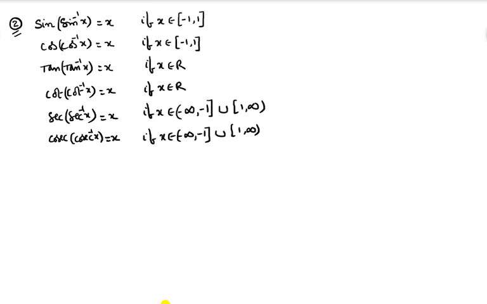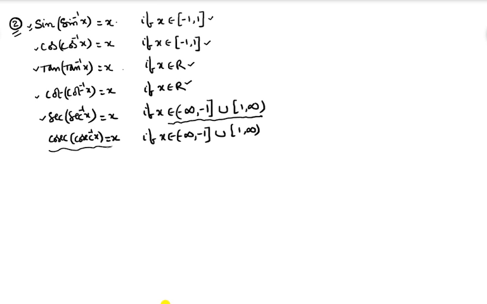Similarly, this is the second property: sin of sin inverse x is equal to x when x belongs to the closed interval minus 1 comma 1. Cos of cos inverse x is equal to x if x belongs to the closed interval minus 1 comma 1. Tan of tan inverse x is equal to x if x belongs to real numbers. Cot of cot inverse x is equal to x if x belongs to real numbers. Secant of secant inverse x we can write as x when x belongs to all real numbers excluding the open interval minus 1 comma 1.